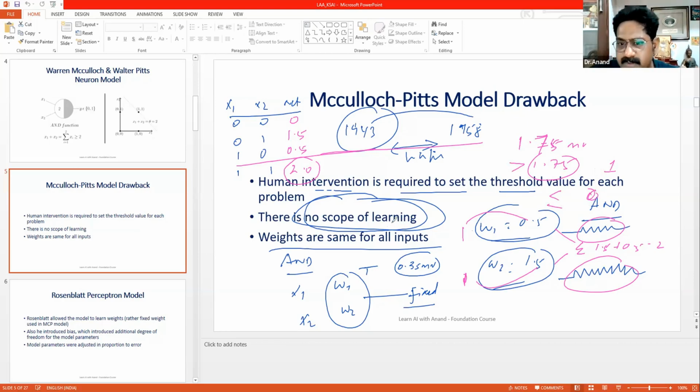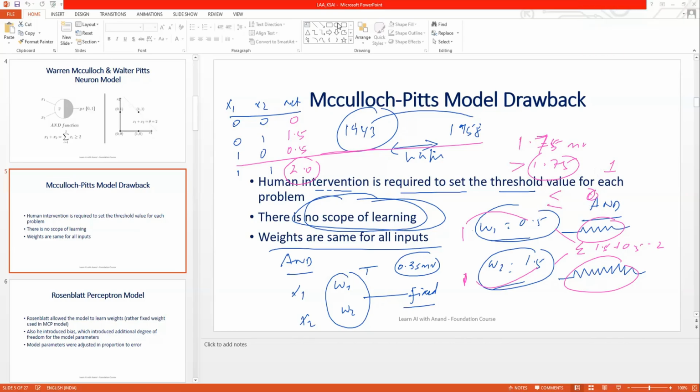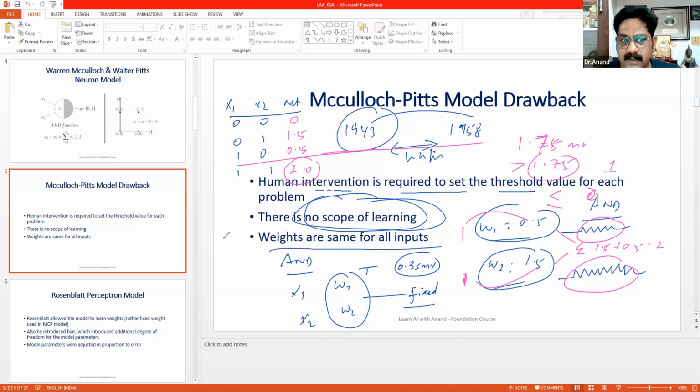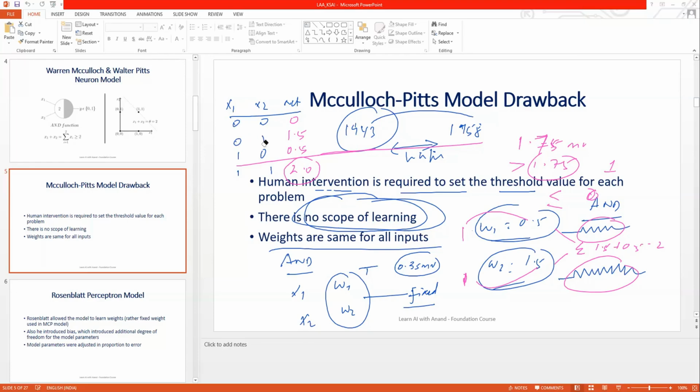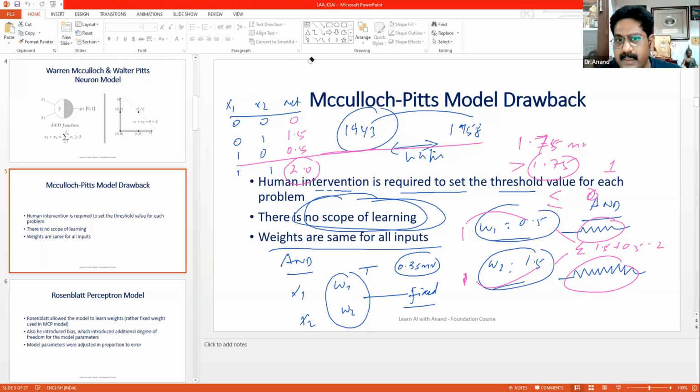So what is the problem with this logic? Suppose I wanted to demonstrate another logic, the OR logic. For OR logic, if any one input is on, my circuit will give output.